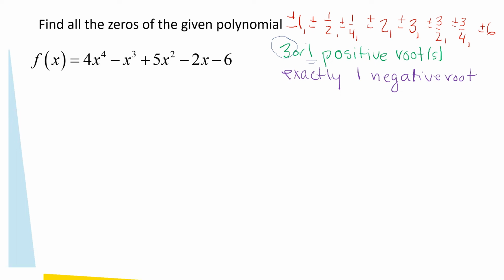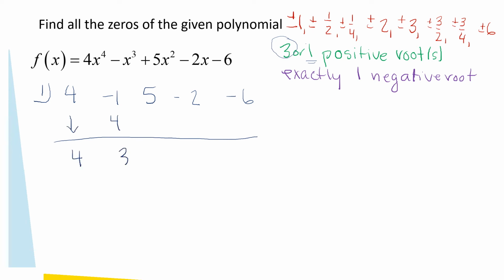So I'm going to pick a positive number to go for, and I'm going to do 1, and we'll do synthetic division. 4, -1, 5, -2, -6. And we'll drop the 4 and do our multiplication, and that gives me 0.